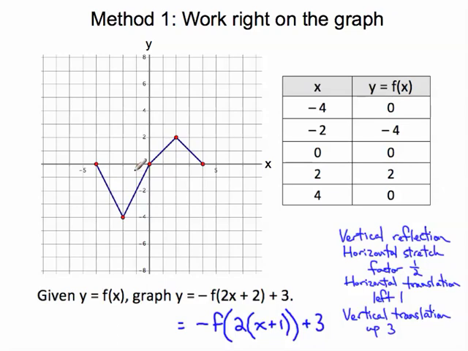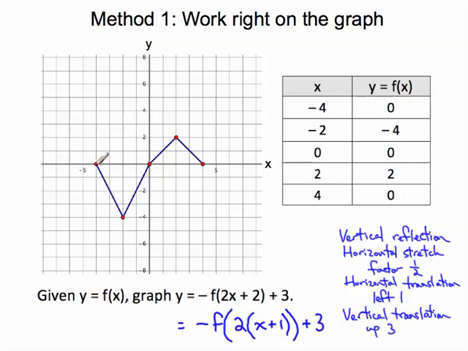It doesn't matter if we do vertical reflections and stretches and then horizontal ones, or all the vertical stuff first and then all the horizontal stuff, as long as we do the stretches and reflections before the translations. So in this case, let's take this one point here at the end, which is (-4, 0).